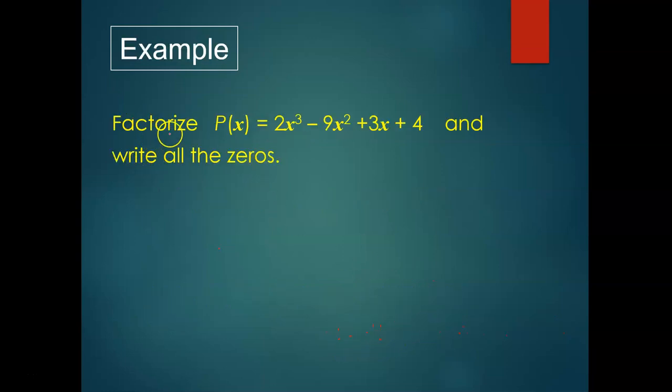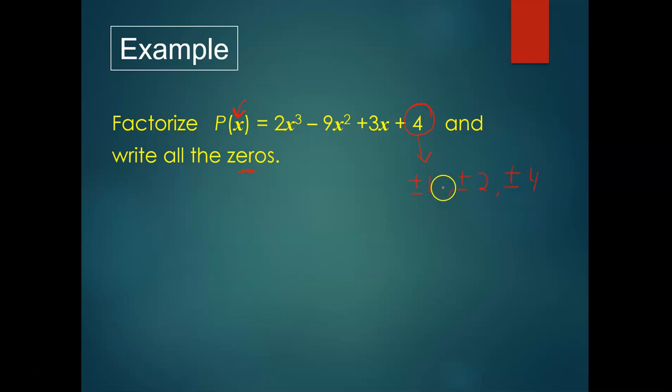Next example. Factorize p(x) equals 2x cubed minus 9x squared plus 3x plus 4 and write all the zeros. Since they didn't give you any condition here, you must check by trial and error. You must substitute a value of x and get 0. So how do we choose a number? You look at the constant term and take out the factors of 4: plus minus 1, plus minus 2, and plus minus 4.